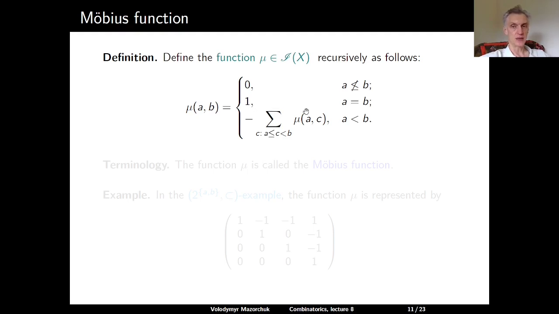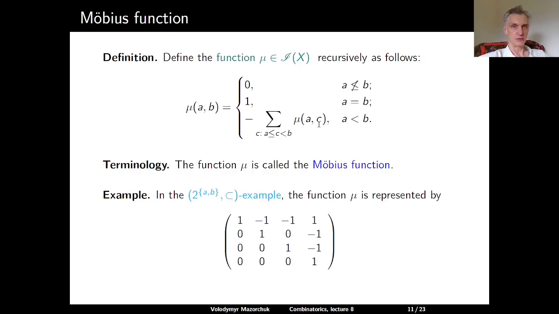It is equal to 1 if A is equal to B. And if A is strictly smaller than B, then mu of A, B is defined recursively as minus the sum over all elements C, which are greater than or equal to A, but strictly less than B, of mu of A, C. So this function is called the Möbius function.